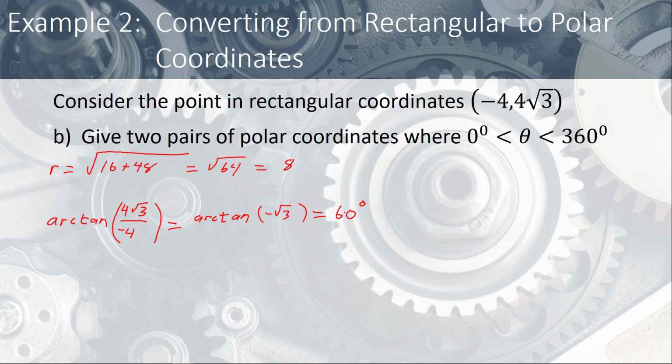Okay, so two possible angles are going to be negative 60 and the supplement of negative 60, which is 120 degrees. Now remember, this point is in quadrant 2.